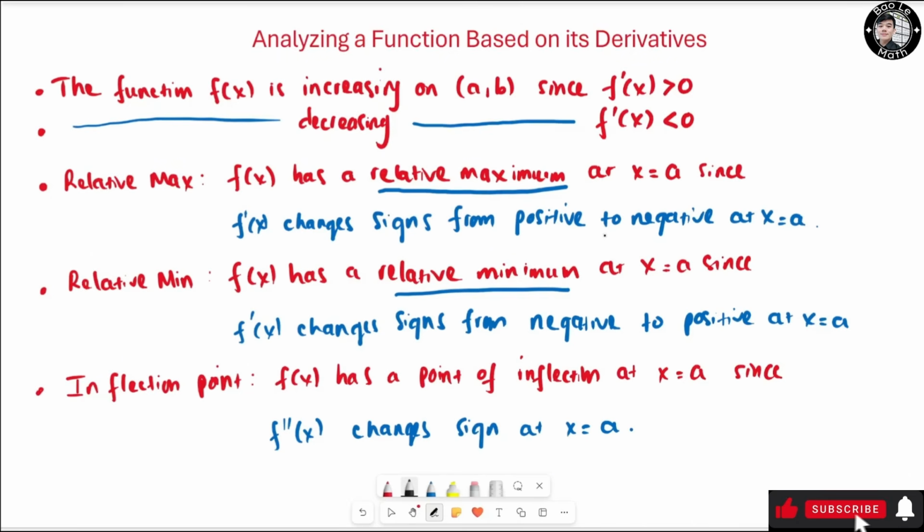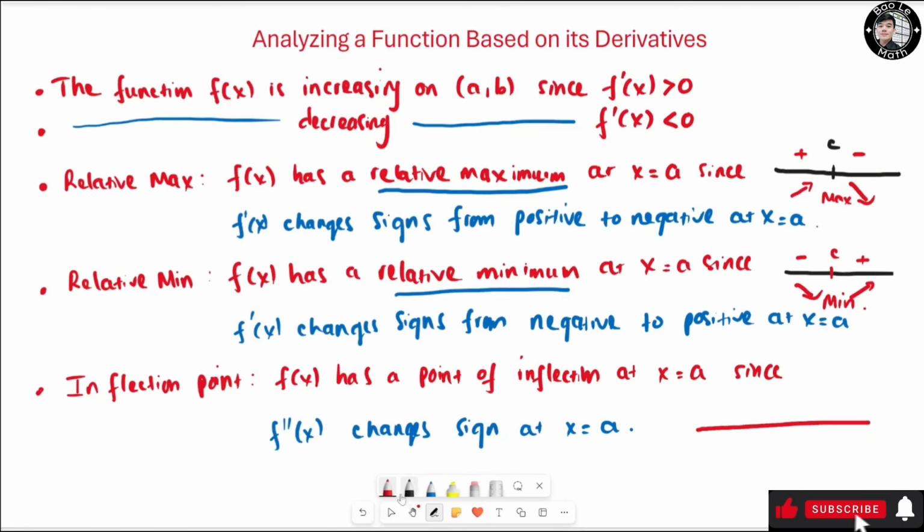The best way for you to memorize this one is to use the sign charts. For example, you have the number line right here, and you have the critical number right here. The left side has the positive sign, the right side is negative, so the function is increasing and then decreasing. So this one is a relative max. Similarly, this one is a relative minimum. For the inflection points, you have the sign chart for the second derivative.